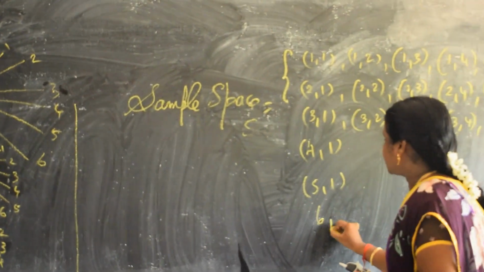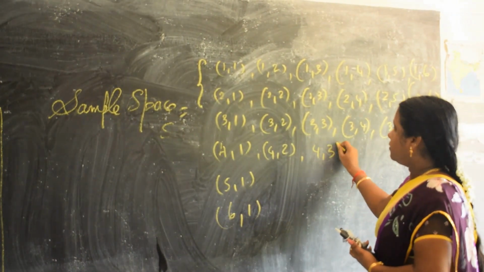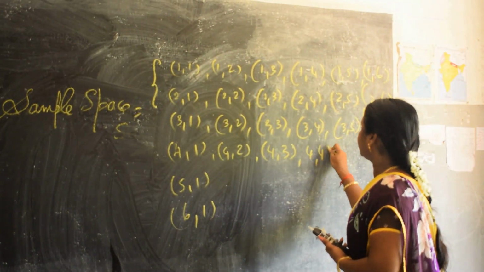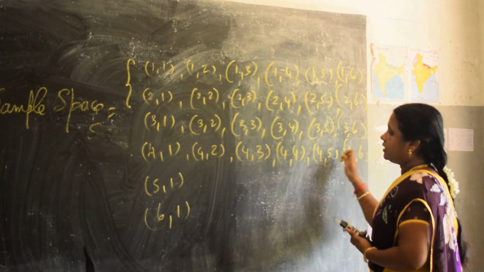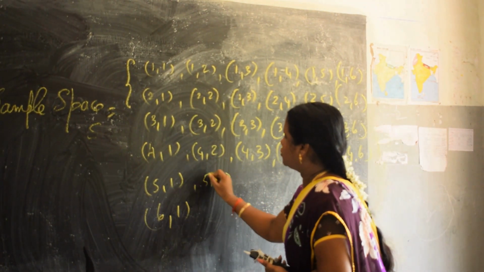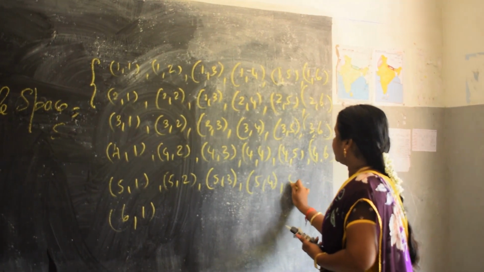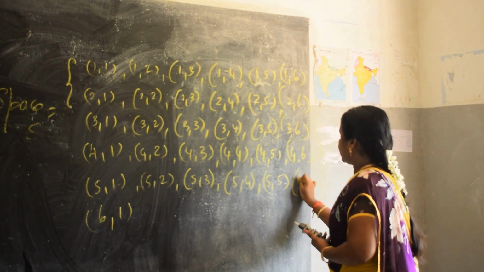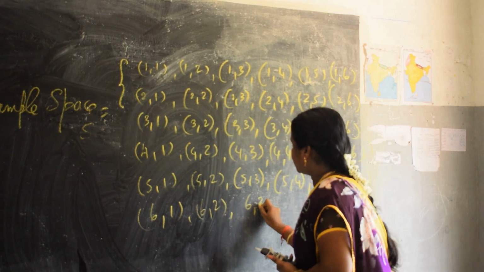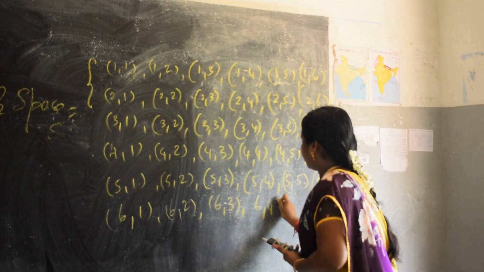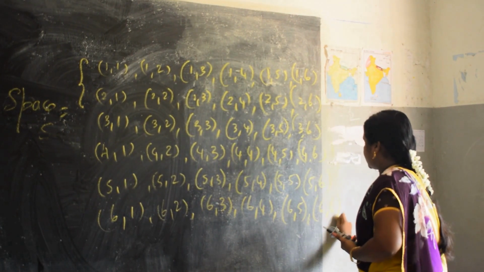So 6,1. 4,5; 4,6. Next, 5,1 to 5,6. At last, 6,1; 6,2; 6,3; 6,4; 6,5; 6,6.